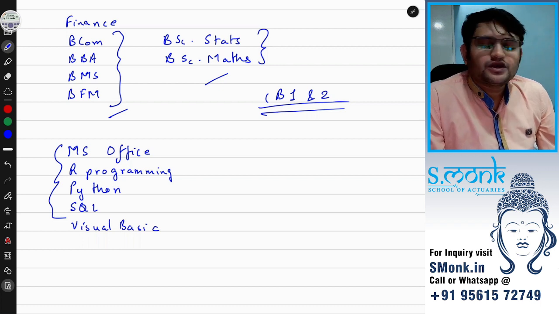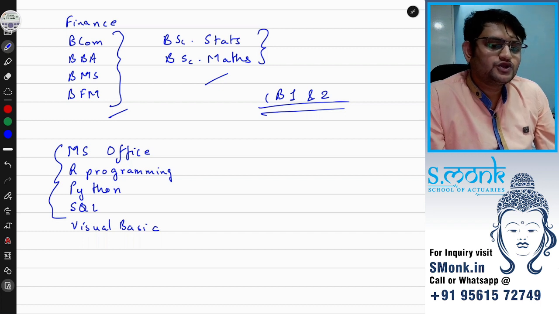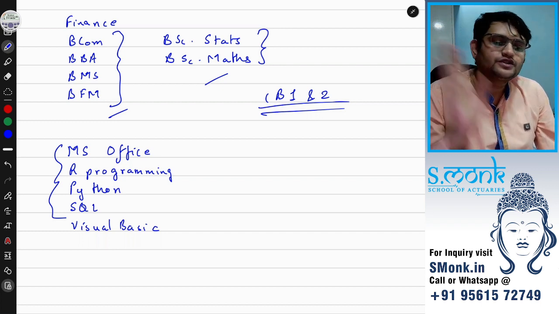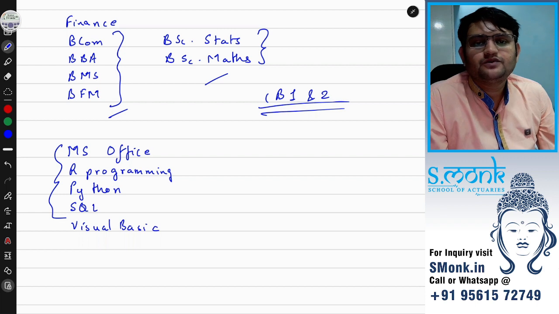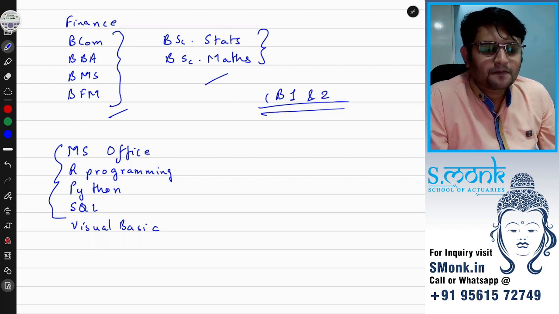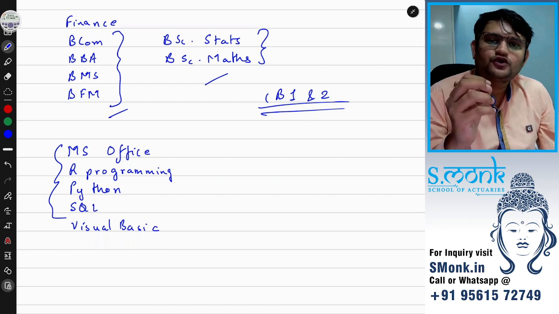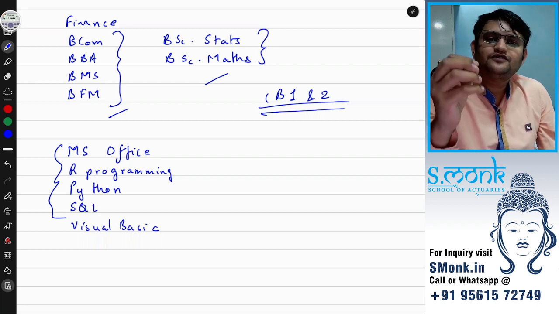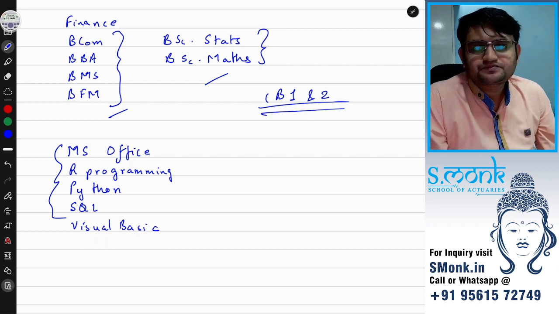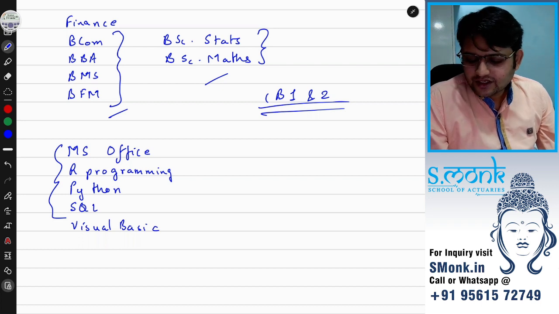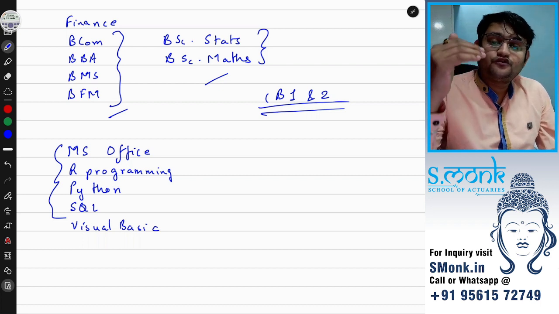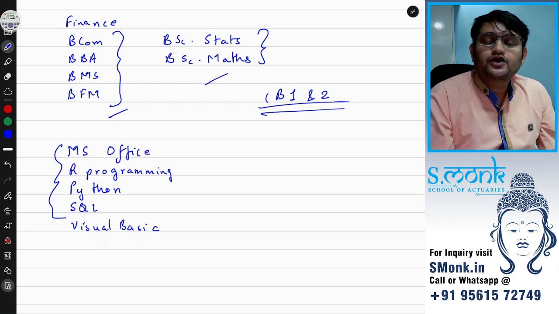One more thing, it is disadvantageous for you as well. Let's say you sign a bond with a company that you will not leave them for the next 3 years. Now, most companies have some study policy where if you clear a particular paper, they will increase your salary. Usually the increase is between 50,000 and 1 lakh rupees.